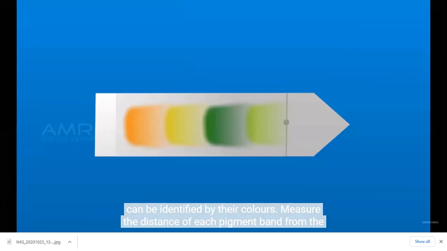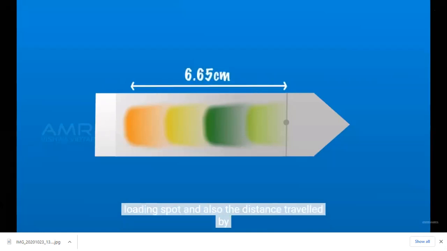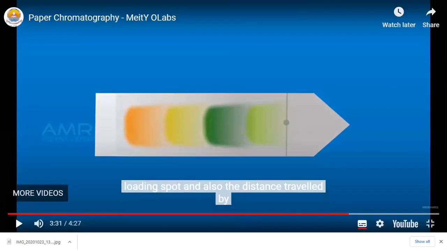Measure the distance of each pigment band from the loading spot and also the distance traveled by the solvent. For each pigment, we have to measure the distance traveled by that pigment, out of 7 centimeters.